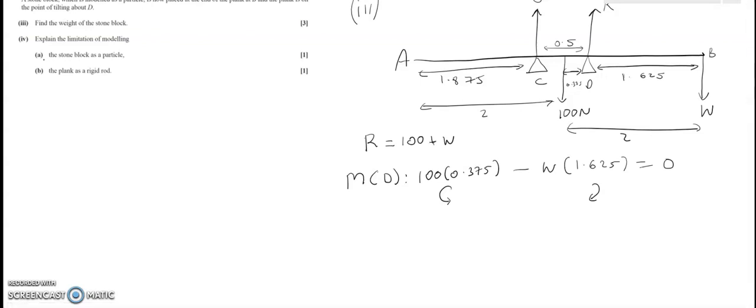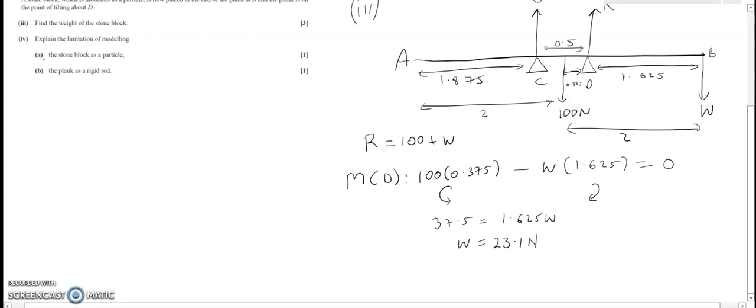And so this is 37.5 is equal to 1.625 W. And if you solve that, you should get W as 23.1 newtons. Okay, this is 23.07, I just checked, but you can round that to 23.1 newtons.